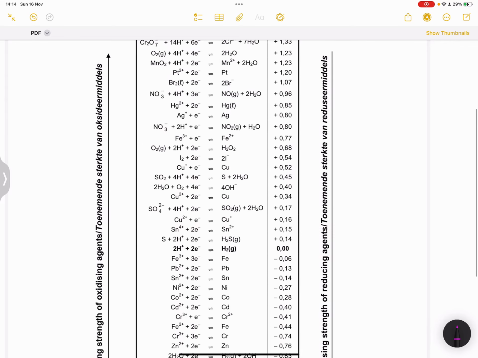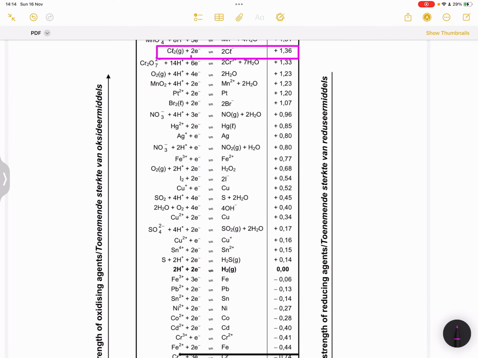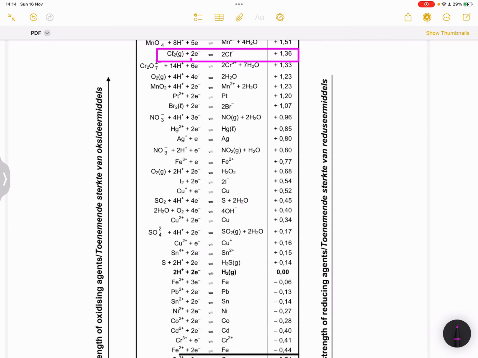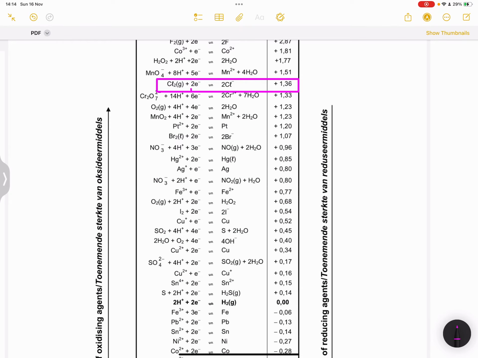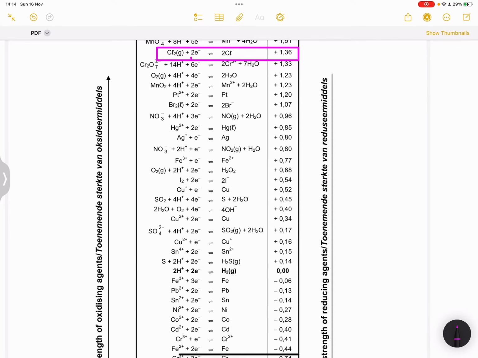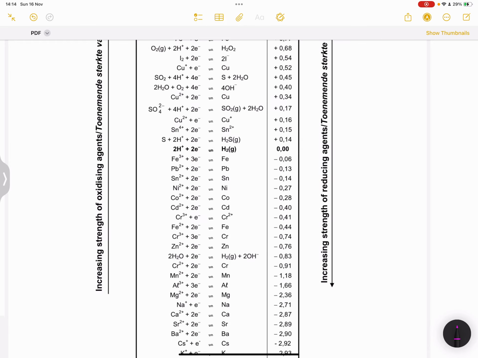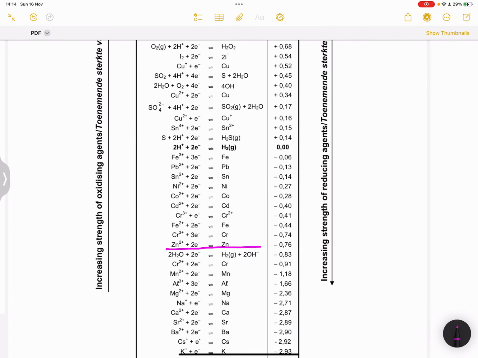So what we are going to do is take H2O. I'm just trying to look for that reaction. Yeah, there we go. Here it is, H2O undergoing reduction, in this case forming hydrogen and the hydroxide ion.